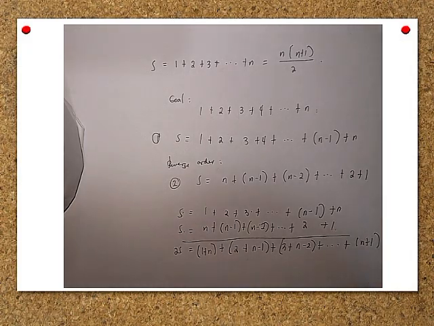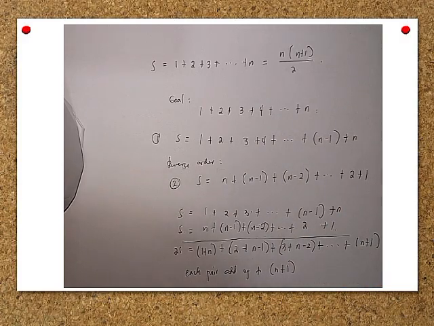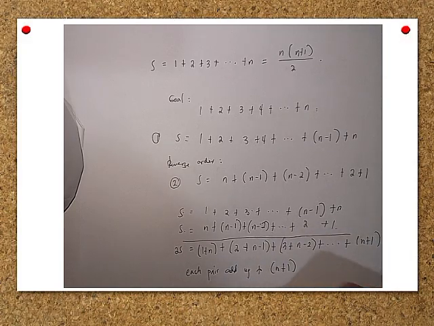We notice that each pair adds up to n plus 1. There are n terms, so there are n pairs of n plus 1. So 2S is equal to n times (n plus 1).